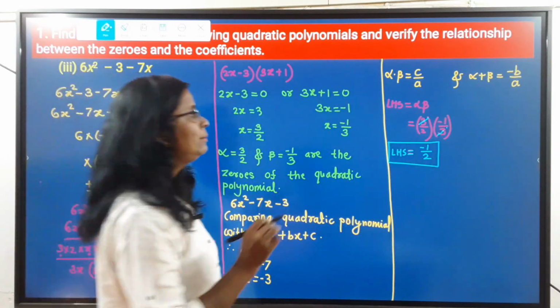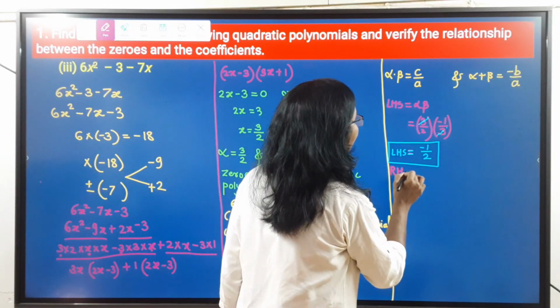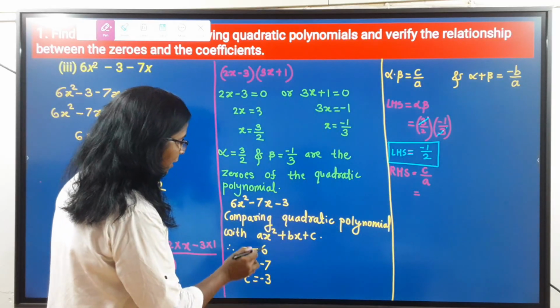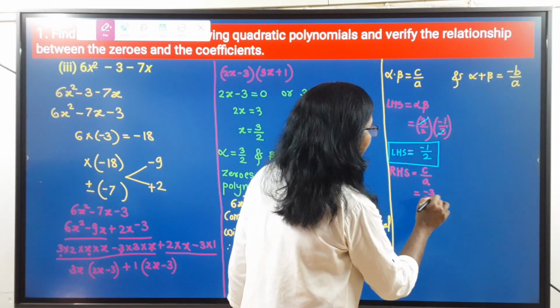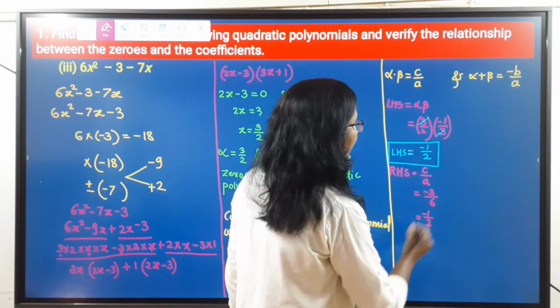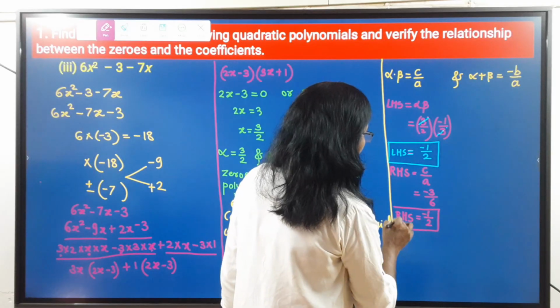Now here students the RHS. So RHS is equal to c upon a. So that means here minus 3 upon 6. And that means in the simplest form minus 1 upon 2. 3 1s are 3, 3 2s are 6. So here students RHS is equal to minus 1 upon 2.